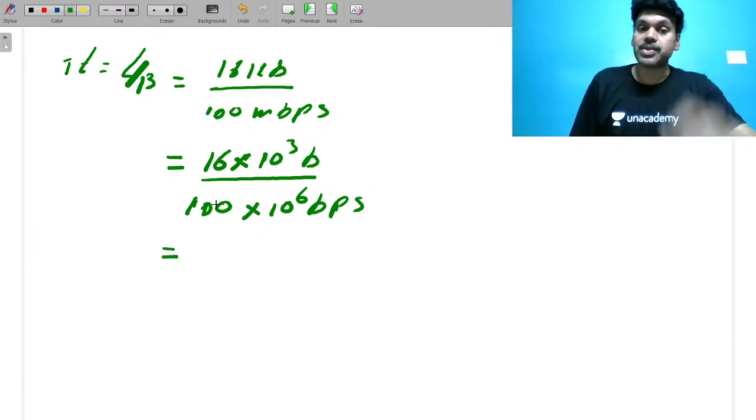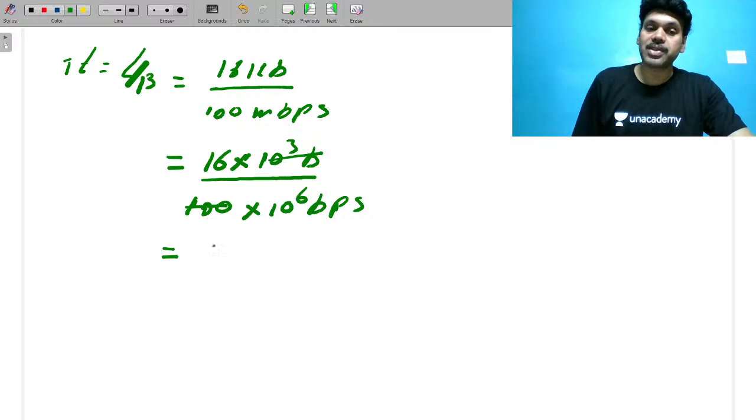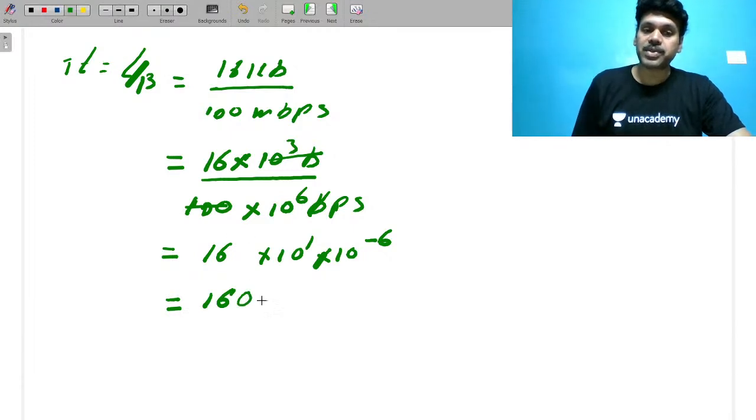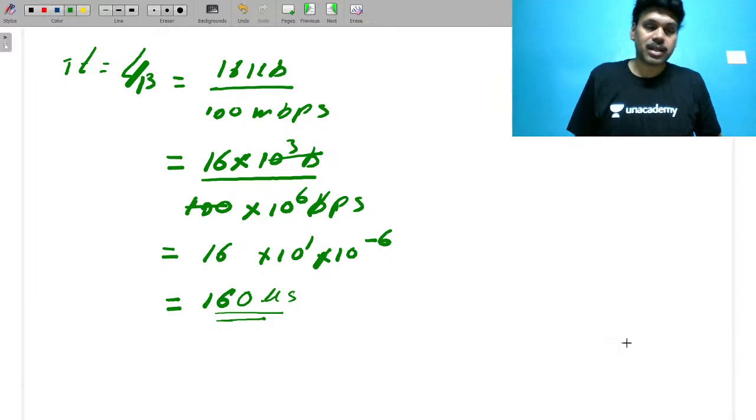So what is your answer? This and this cancel. So 160 into 10 power 1 into 10 power minus 6, which is nothing but 160 microseconds. This is your TT.